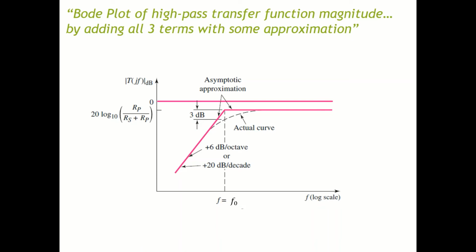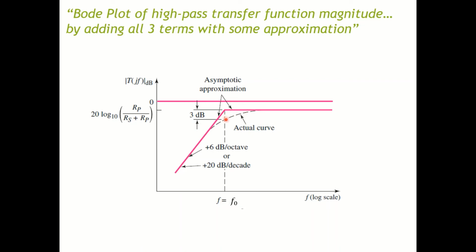If the frequency is a lot less than your corner frequency, a large negative dB value from the second term will be the dominating factor. But also, if you remember the third term, it was a curve, right? It's not a line.